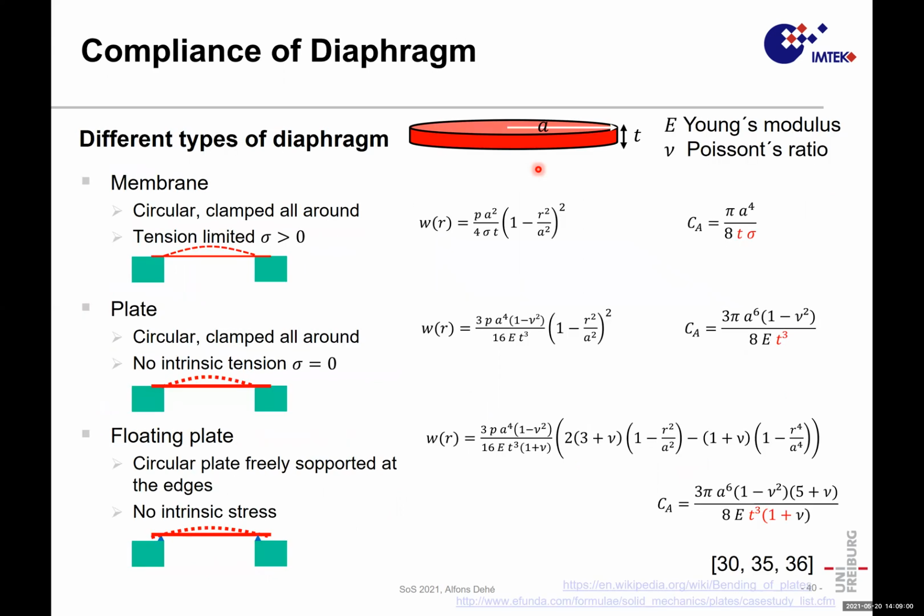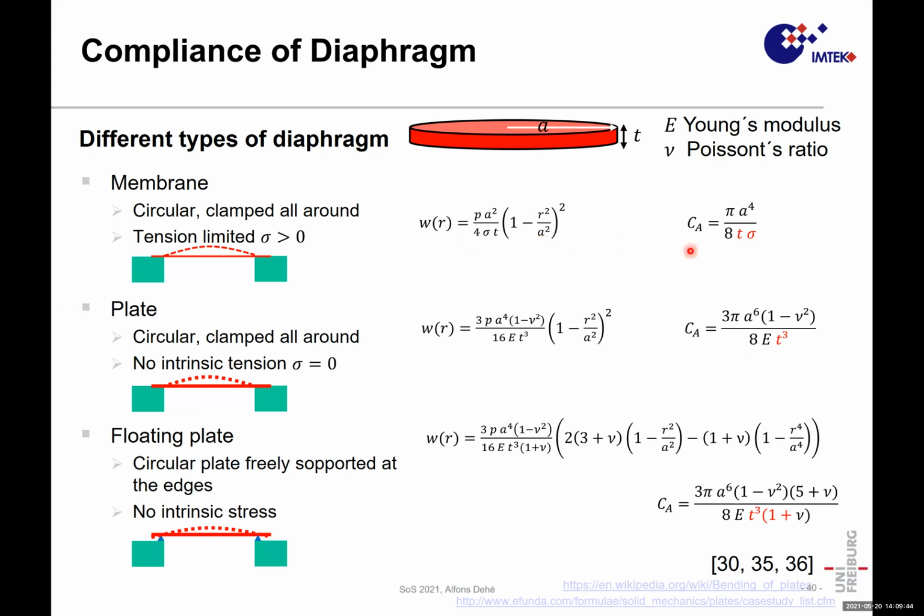But what is compliance of a diaphragm? Have a look at this. We have different types of diaphragms to discuss. Everybody knows basically a membrane, which is a circular tiny device, tensioned, so you have tensile stress inside and clamped all around. It's like a drum. So it can move, but you have a high tension inside. You get the cross-sectional displacement of this diaphragm with respect to the diameter or the radius of your device, some squared behavior.